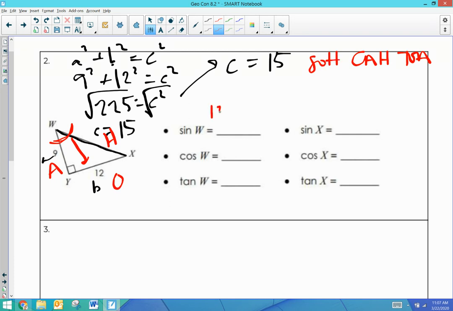So that'll be 12 over 15. We can reduce at the end. Cosine, CAH, adjacent over hypotenuse. So 9 over 15. And tangent, TOA, opposite over adjacent, 12 over 9.